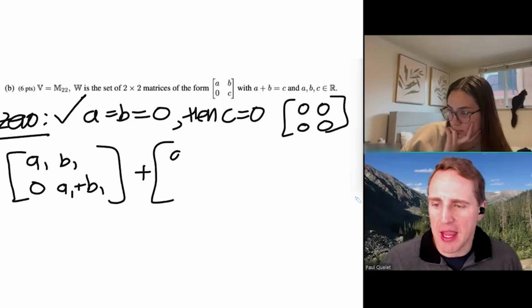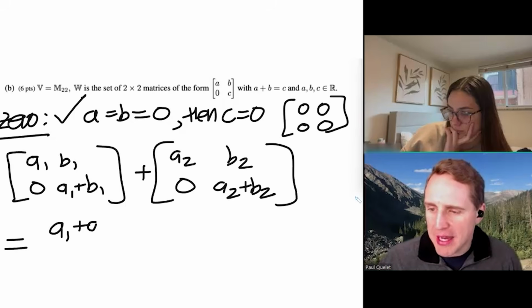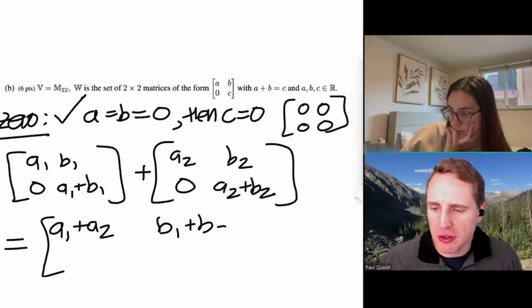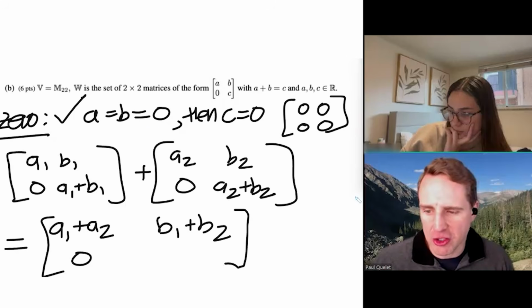So it's going to be A2, B2, 0, A2 plus B2. So let's add these together. So we're going to get A1 plus A2 in the upper left entry, B1 plus B2 in the upper right entry, 0. For reasons I think you'll see, let's go ahead and just reorder the addition. So it's A1 plus A2 plus B1 plus B2.